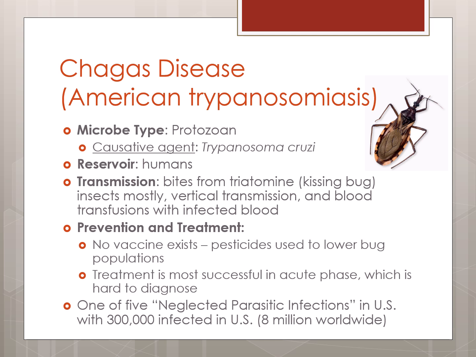Treatment is most successful in the acute phase of Chagas disease, but that is particularly hard to diagnose, which makes this one of the, and this should say 9, I know it says 5, but it should be 9 neglected parasitic infections in the US. So unfortunately, Chagas is not as treated as it should be, because it is hard to diagnose.